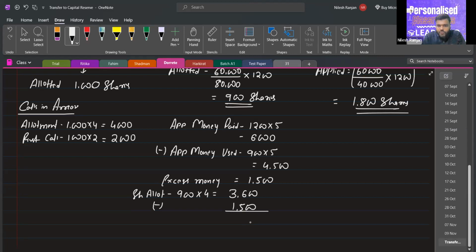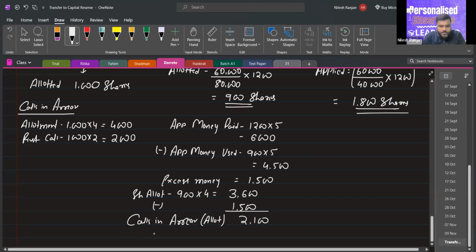So 2,100 is calls in arrears on allotment. Is this clear? And on first call also, he will not pay 900 into 2, that is 1,800.